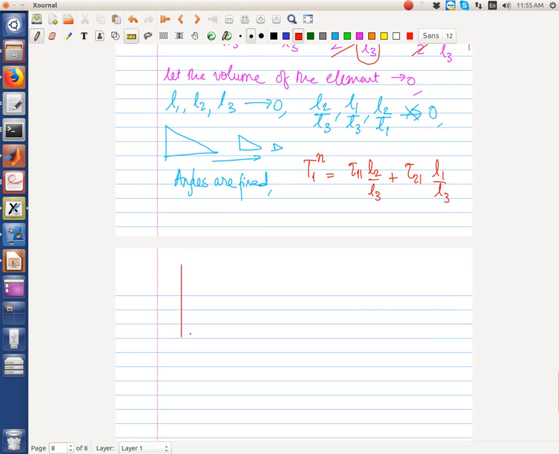Similarly, let's do the balance in the y direction.